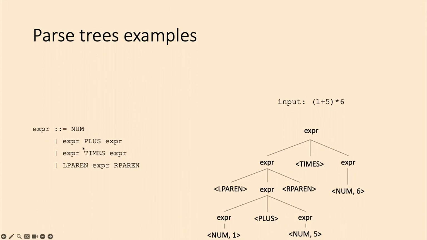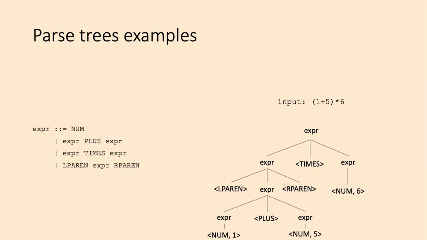Right now we only have one non-terminal. That's fine, it just means it's a simple grammar. We can add as many non-terminals as we want to make our language more complex but also more expressive. All of this taken together is called the grammar. So this is a simple expression grammar.